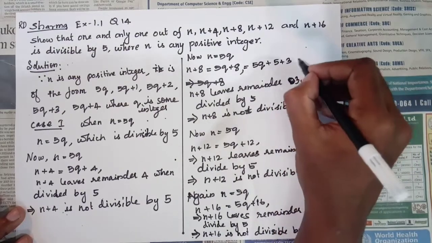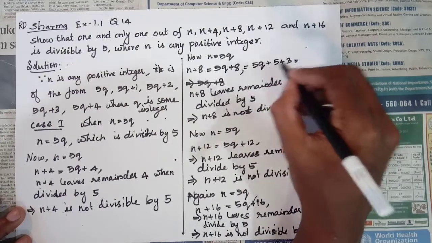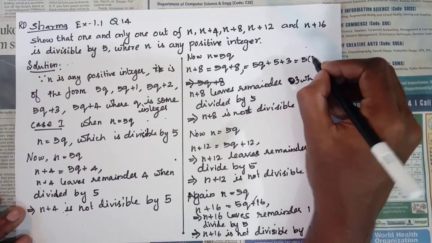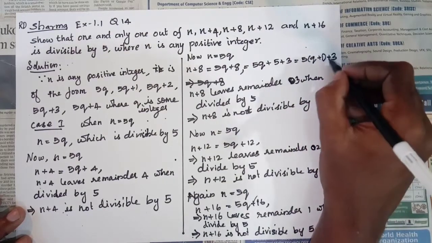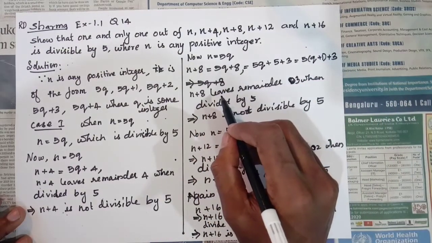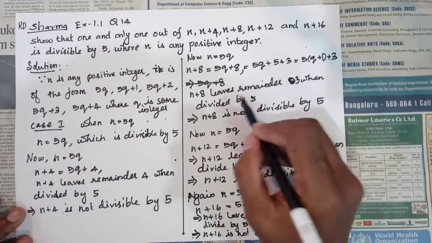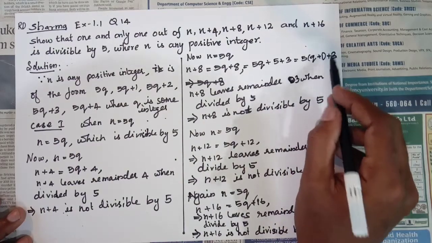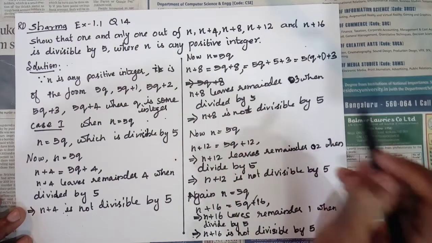We take 5 common outside: 5 into q plus 1, plus 3. So here the remainder is 3. So n plus 8 leaves a remainder 3 when we divide by 5, so n plus 8 is not divisible by 5.